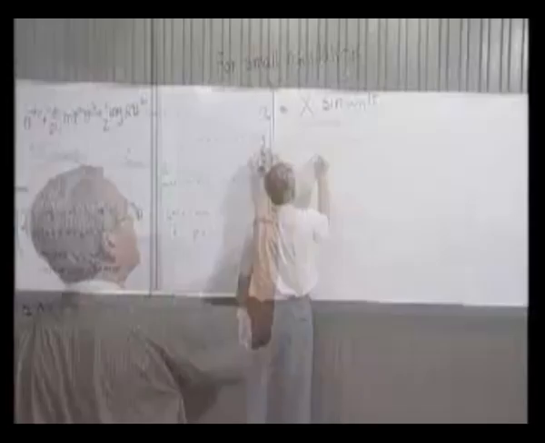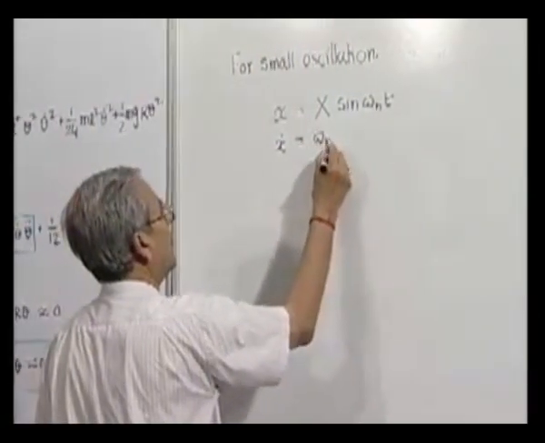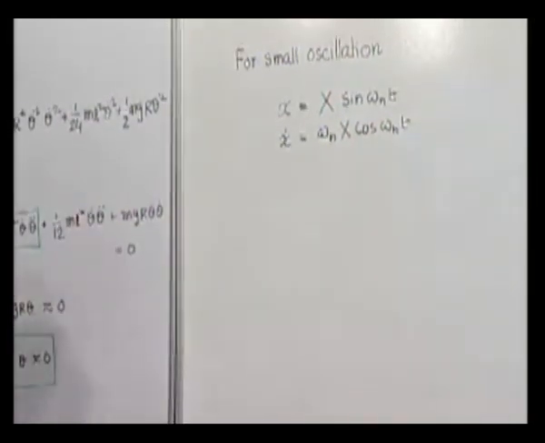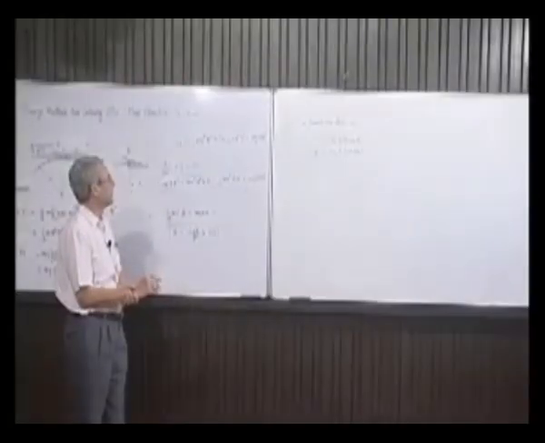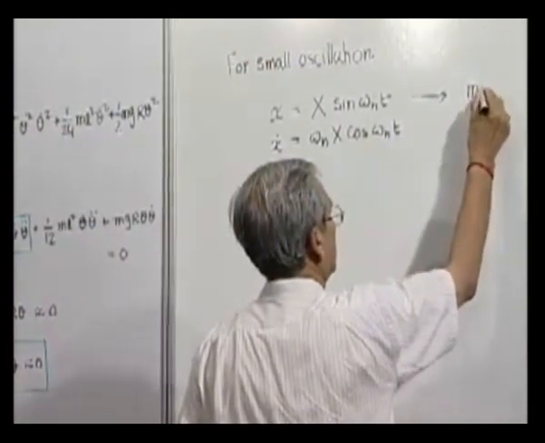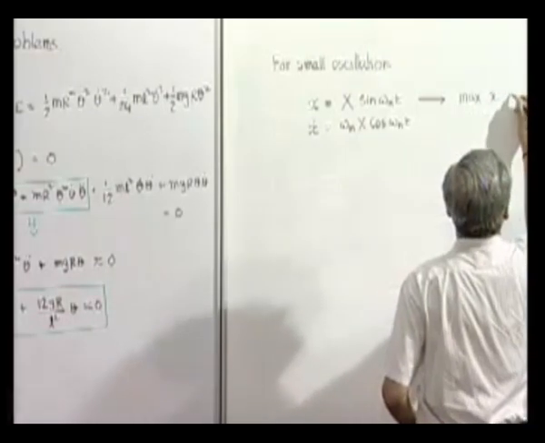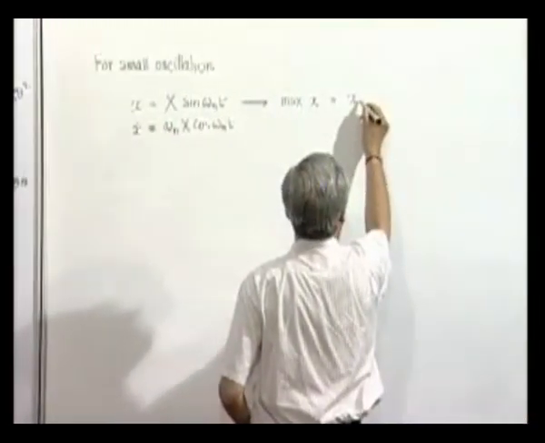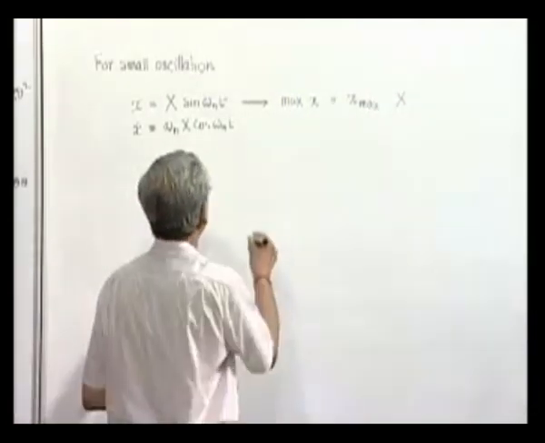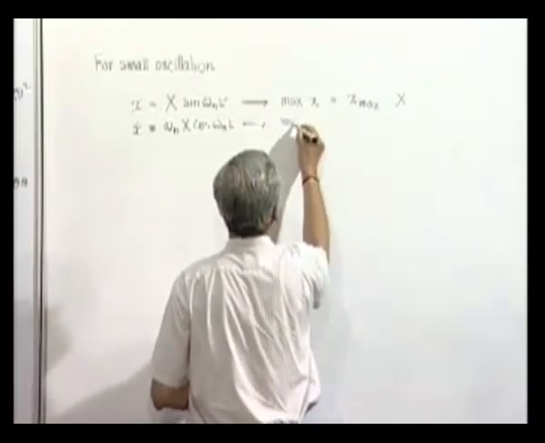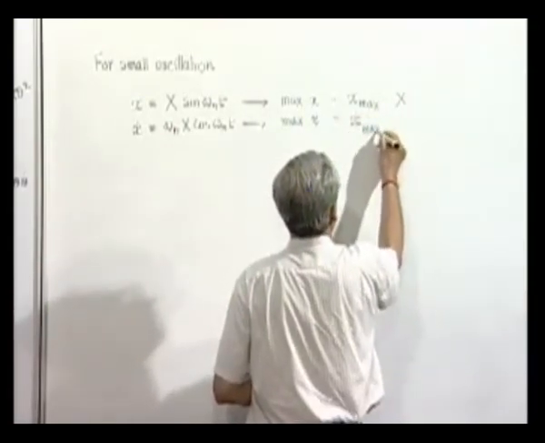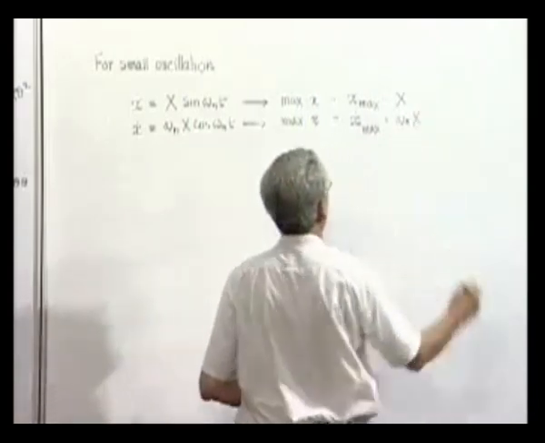So, therefore, the velocity or the speed will tell us maximum x, that is, x max is equal to capital X, the amplitude of oscillation. Similarly, maximum speed, or x dot max, is omega n times X.